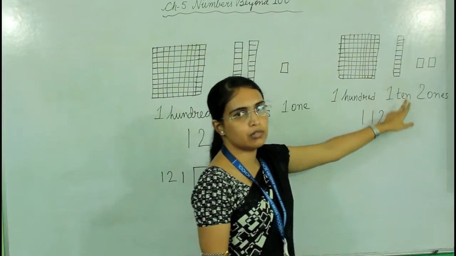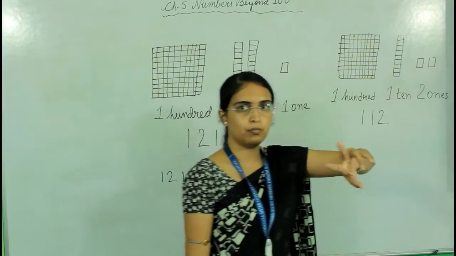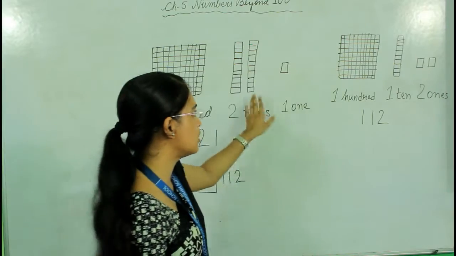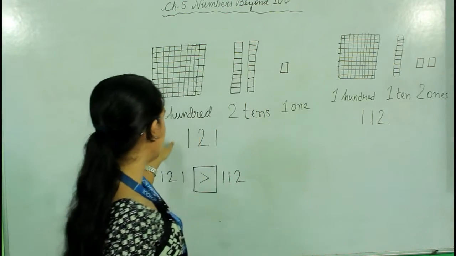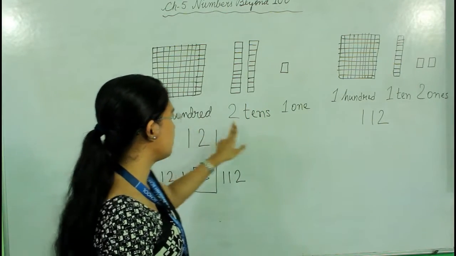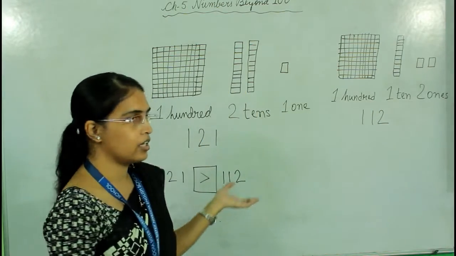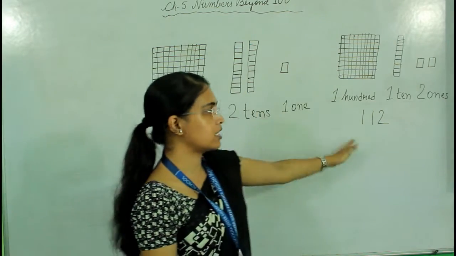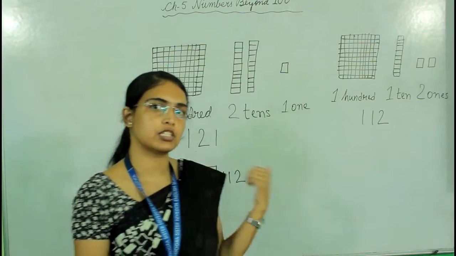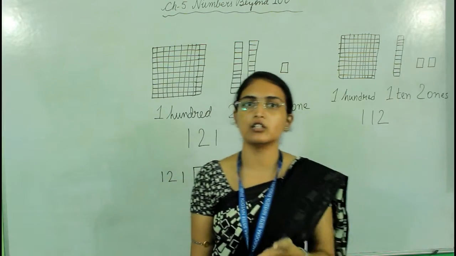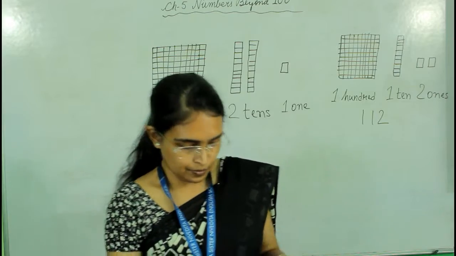One group of 10 means 110, and two separate blocks means two ones. In this way, you first have to find this out. Then you have to compare these numbers with these numbers. If this side is greater than this side, then put the greater than sign. If it is less than, then put the less than sign. And if both sides are the same, then you have to put the equals to sign.